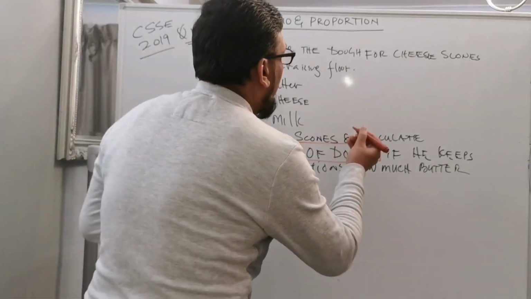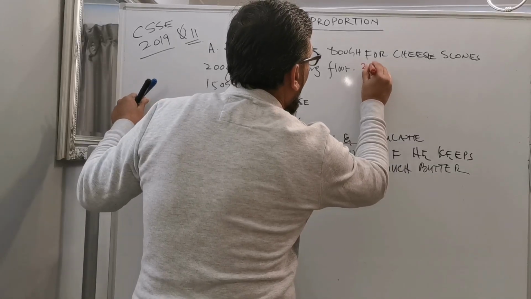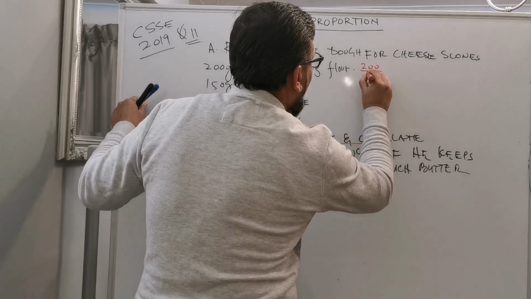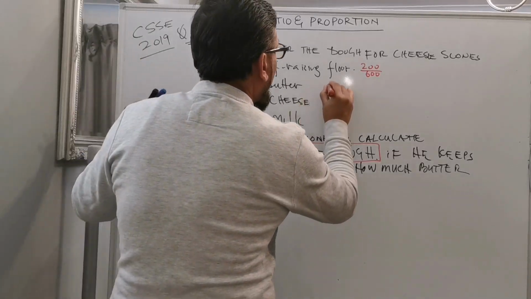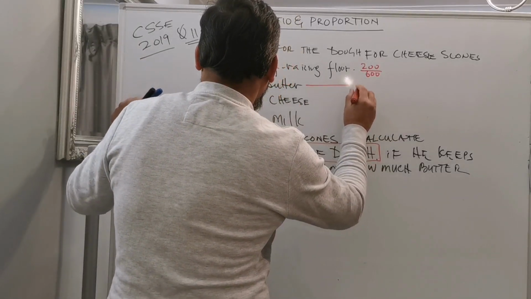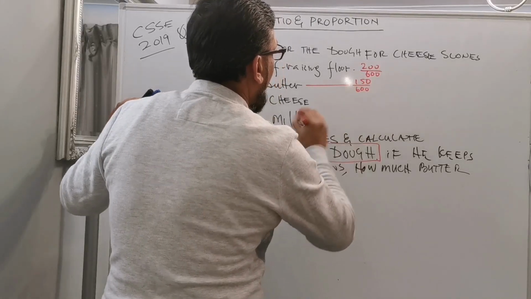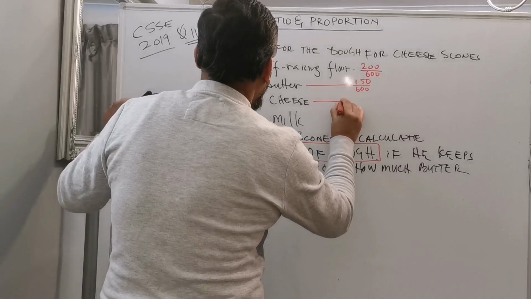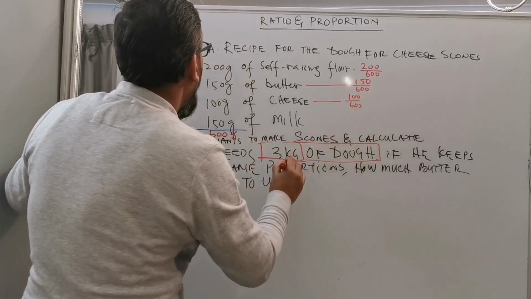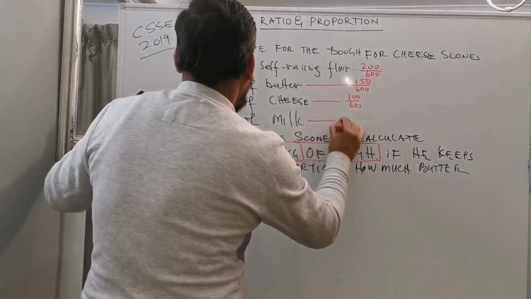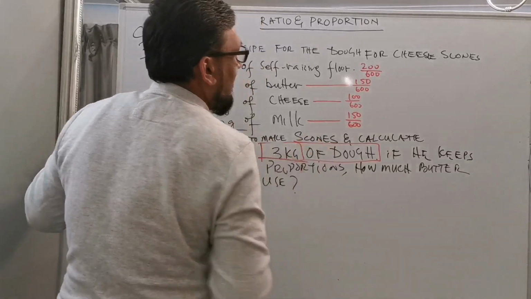So we need to make up proportions. 200 divided by 600, and this one is 150 divided by 600, and the cheese one is 100 divided by 600, and butter and milk are the same, 150 divided by 600.